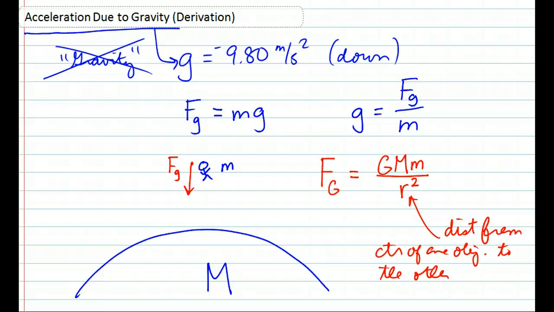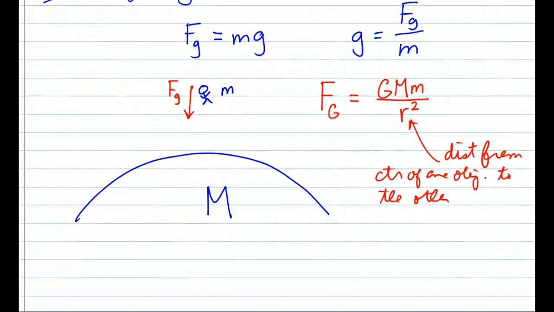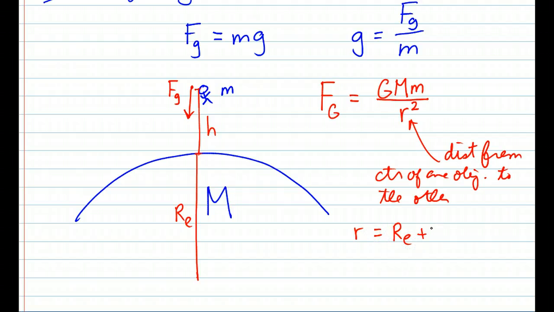So when we're talking about the Earth, it has a radius. The radius of the Earth is like right here. That's RE, radius of the Earth. And if this astronaut dude is at a height of h above the surface, then his true height is the radius of the Earth plus h. And that's what would go in here.